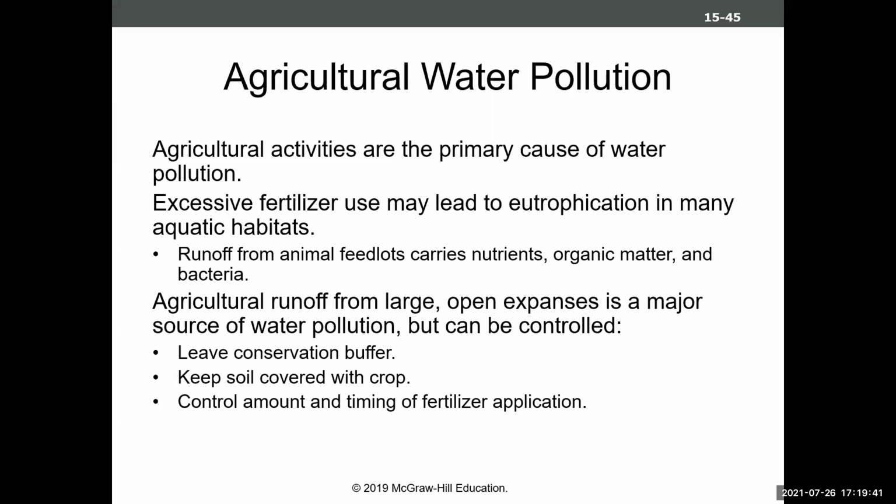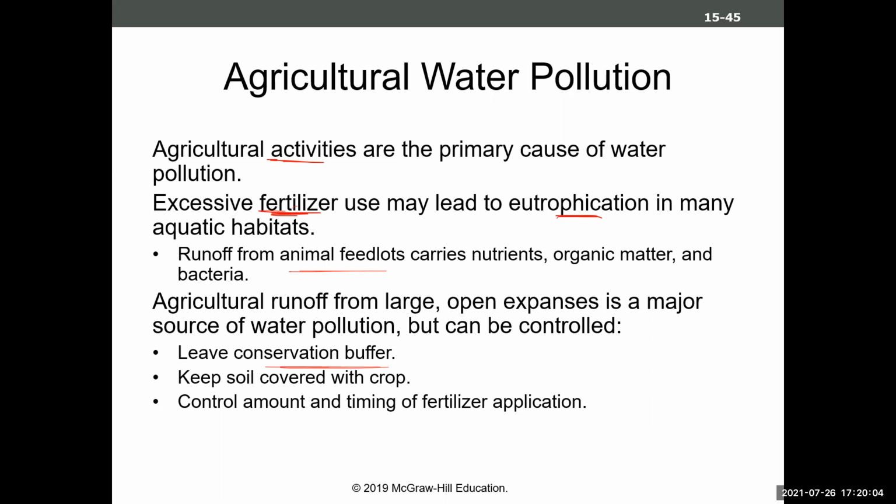Agricultural water pollution, again, comes from agricultural activities. So excessive fertilizer use leads to eutrophication. So that runoff is a big issue. We've talked a lot about this before, but ways that you can prevent this is by leaving a conservation buffer between your fields and the streams.